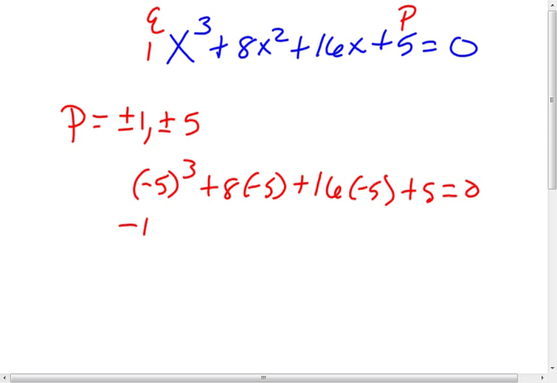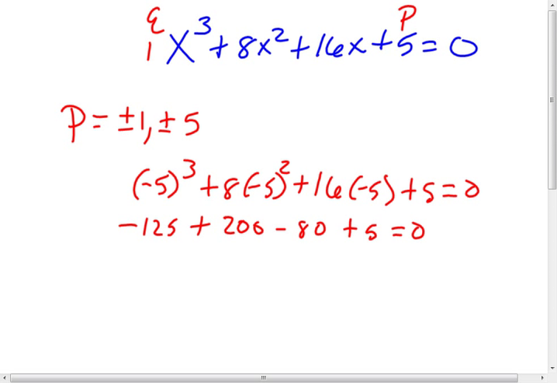(-5) cubed is -125. 8 times (-5) squared is plus 200. 16 times -5 is -80, plus 5 equals 0.